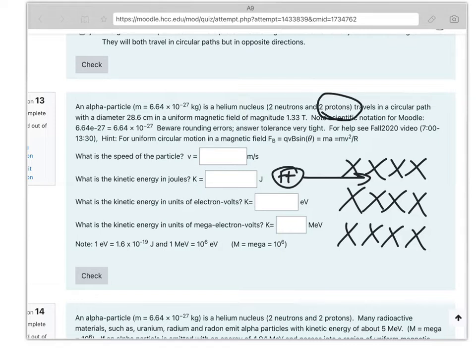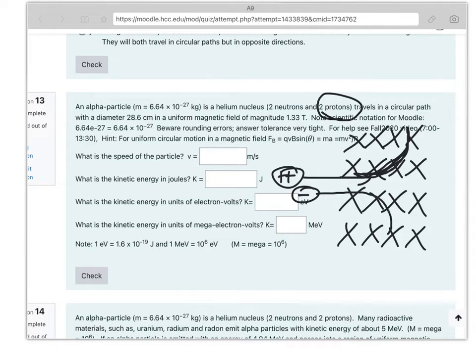So that means there's going to be a force on the positive particle up, and as long as it stays in the field, it will continue to move in a circle at a constant speed, bending. So I'm not going to discuss this in detail right now. If it were a negative charge, of course, it's going to go the opposite way. It's going to move in a circle this way.